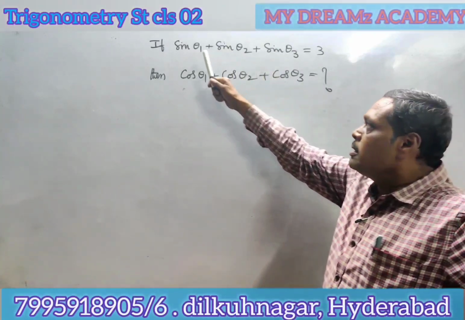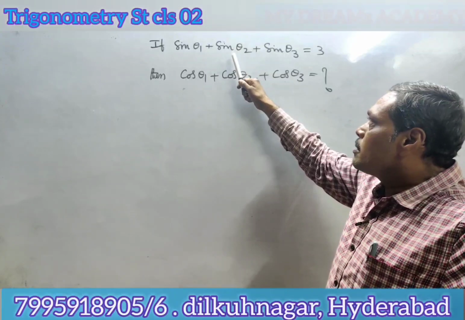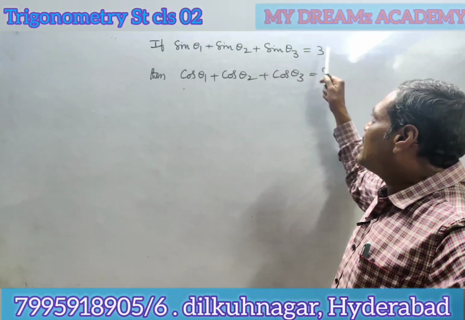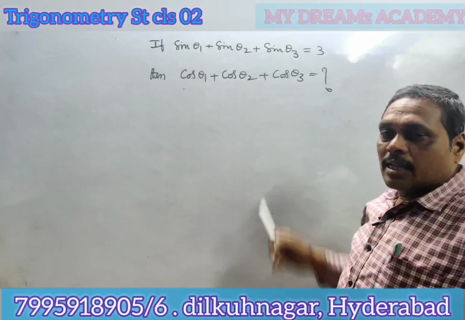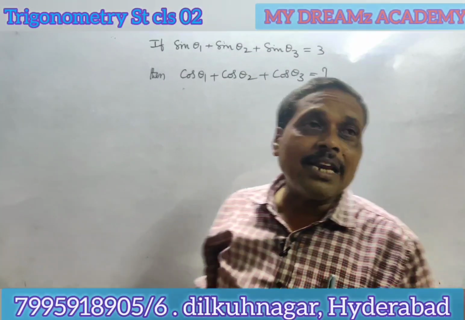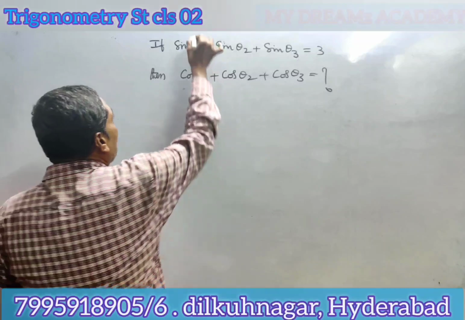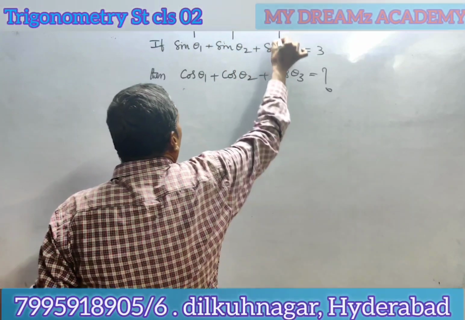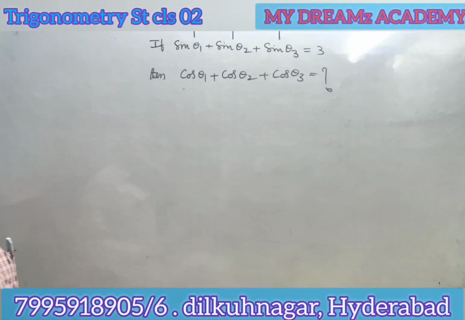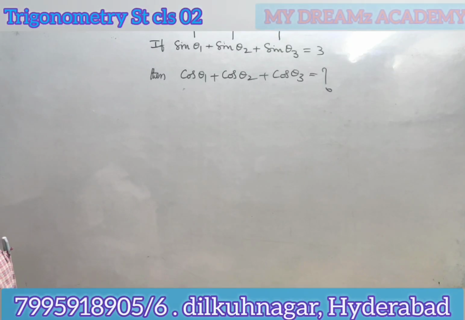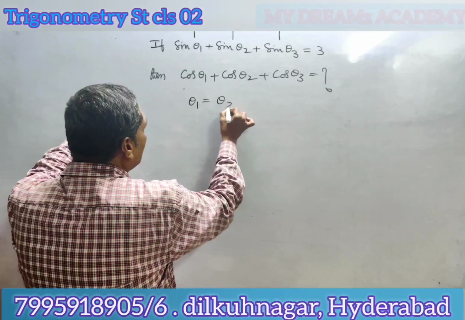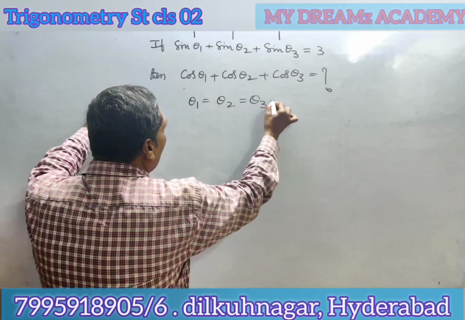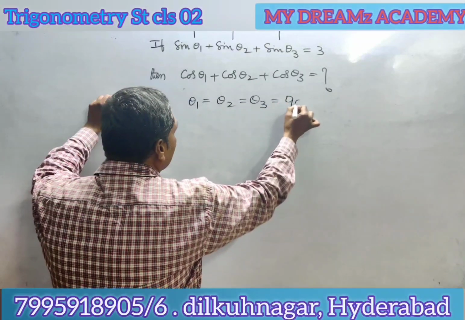Given sin theta 1 plus sin theta 2 plus sin theta 3 is 3. 3 terms given 3. I can take each term is 1. This is 1, 1, 1. When sin is 1, the angle is 90 degrees. That is, theta 1, theta 2, theta 3 are equal to 90.